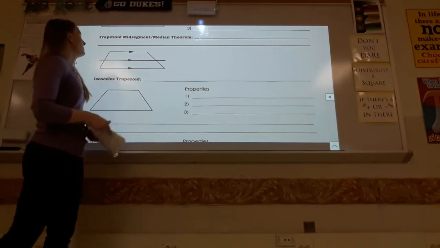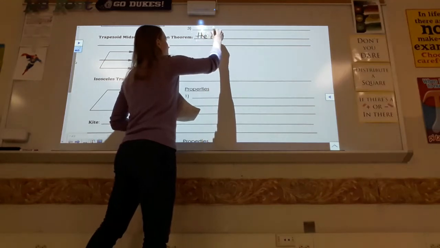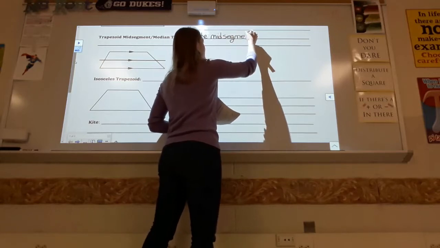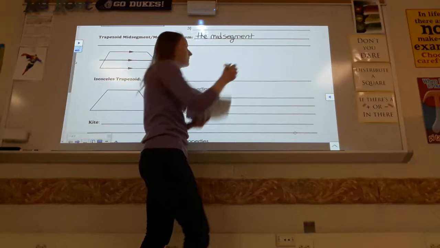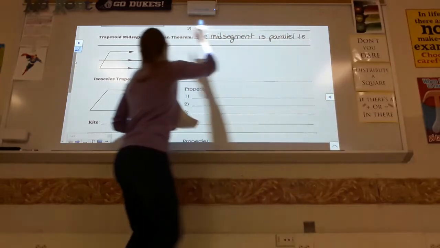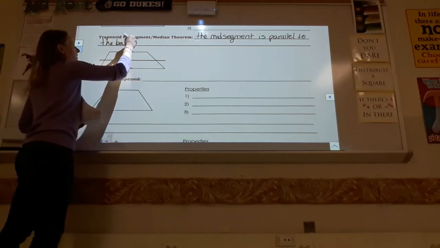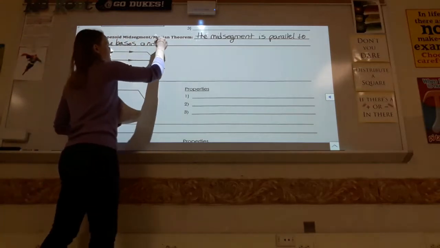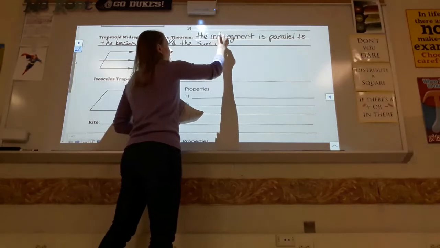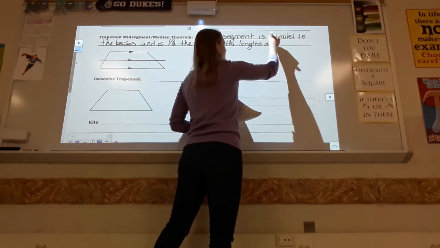All right, so the trapezoid mid-segment or median theorem states that the mid-segment is parallel to the bases and is half the sum of the lengths of the bases.